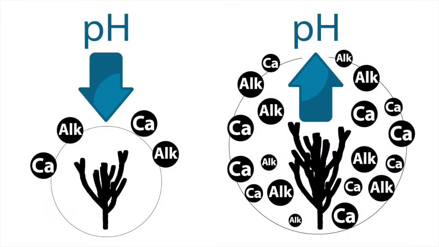If the pH is high, the coral is able to take in a lot of calcium, a lot of magnesium, a lot of alkalinity, and build skeleton, build it strong. But on the other side, if the pH is too low, that process of intake starts to slow down.